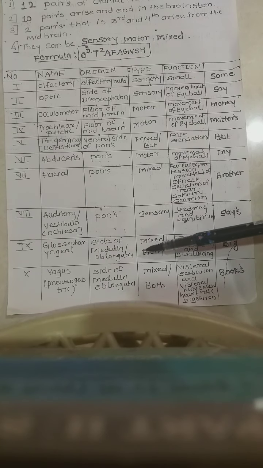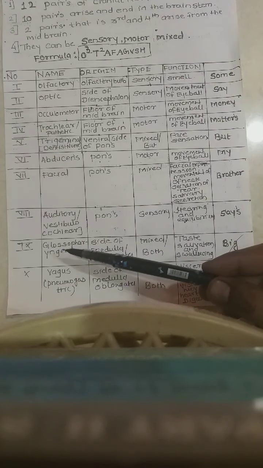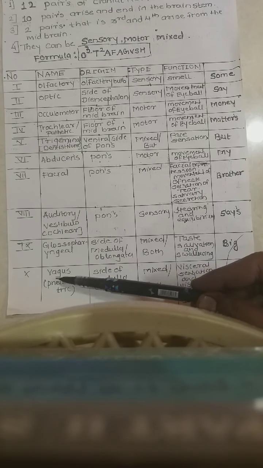Both means sensory as well as motor. And function of this glossopharyngeal is taste, salivation and swallowing. Means it also does the work for the taste purpose, then salivation, secretion of saliva, and swallowing of the food.